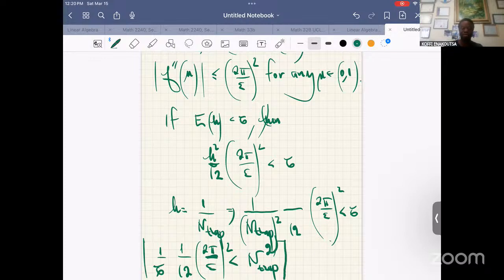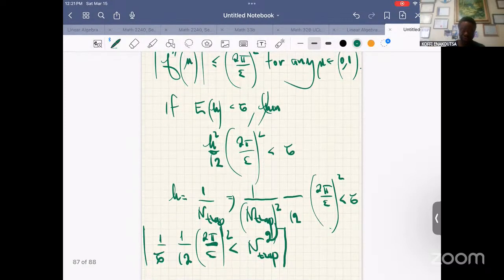Okay. And that gives us the answer that is required. And if we want, we can just take the roots of both sides to have the n-trap itself.